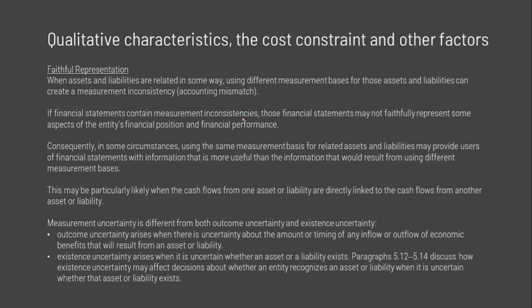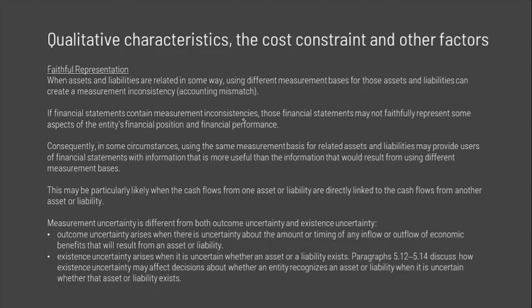Next qualitative characteristic is your faithful representation. The level of measurement uncertainty may affect the faithful representation of information. Measurement uncertainty arises when a measure cannot be determined directly by observing prices in an active market and must instead be estimated.